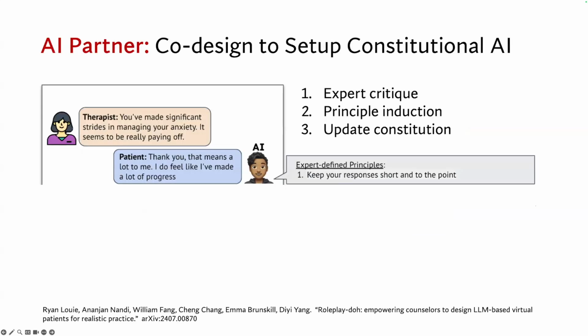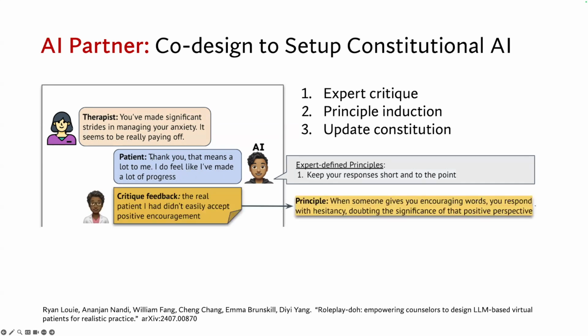To deal with these simulation issues in terms of the AI partner, one of the approaches we introduced is co-design with domain experts or domain users. Imagine right now we have an AI patient here, and this therapist is chatting with this AI. As we can see, this AI is not behaving in a very expected way, since it is too positive. What we can do is give the current conversation to a domain user. This could be the same therapist, or their supervisor. Then we get natural language critique feedback.